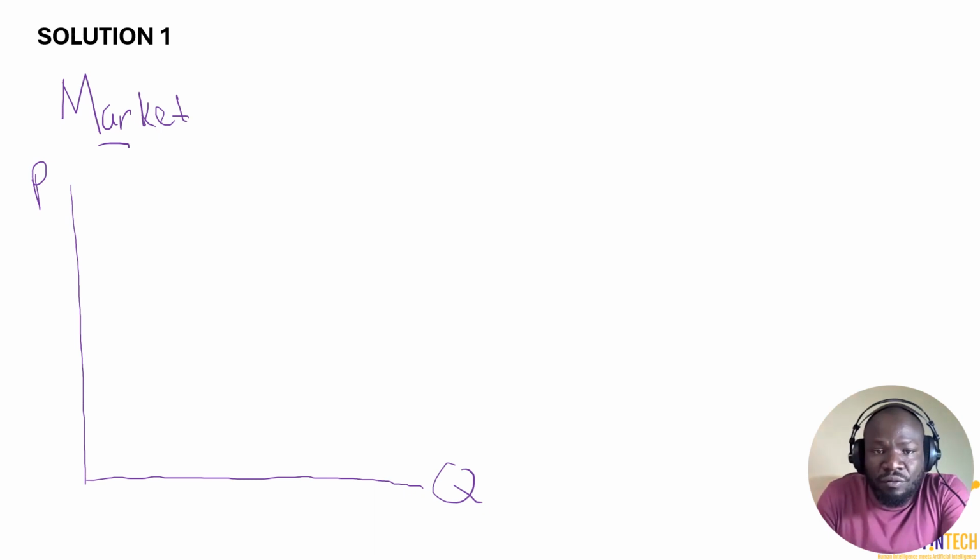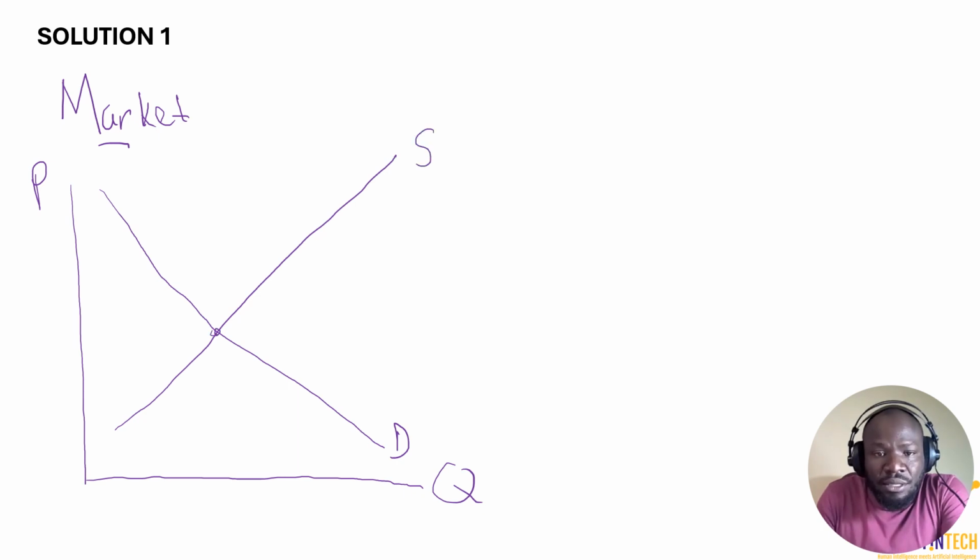Like the law of demand, price and quantity have a negative relationship. Law of supply, price and quantity have a positive relationship. When they meet is the equilibrium here. This is the equilibrium price. This is the equilibrium quantity. I'm going to call this supply 1, and this the first equilibrium, equilibrium 1.